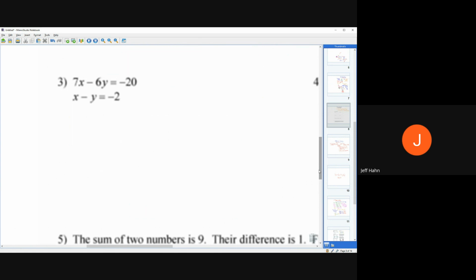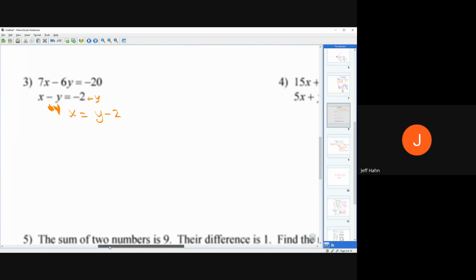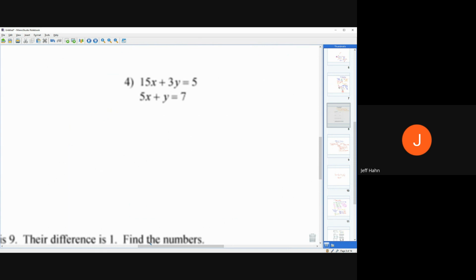So before I even started this problem, I would just do this, add y, and add y. So x would equal y minus 2, which is the same thing as negative 2 plus y. With that same thing over here. Oh no. Which one would be the logical thing to solve for there?